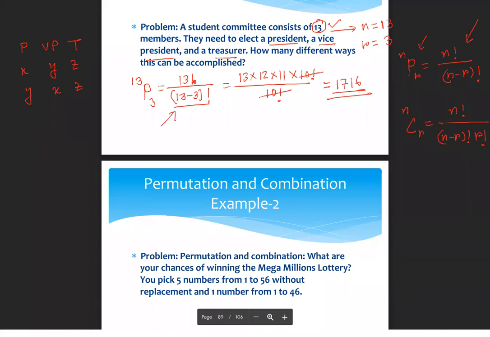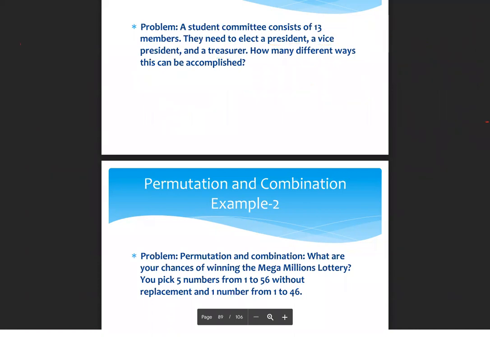So 13 minus 3 is 10. Oh, okay. Any other questions, anybody? No questions? Everybody okay? All right. Let's move on.